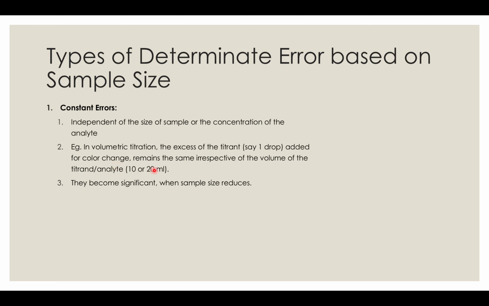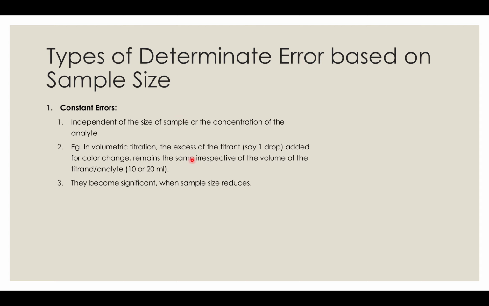This one drop would be the same whether you are using 10 ml or 20 ml of the analyte. So this excess error is size independent; it doesn't depend upon the size of the sample that you are measuring.